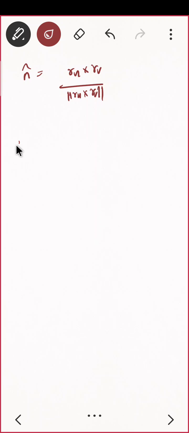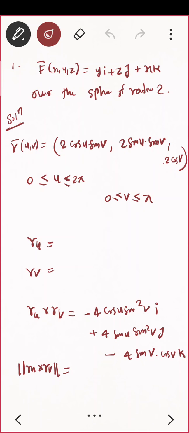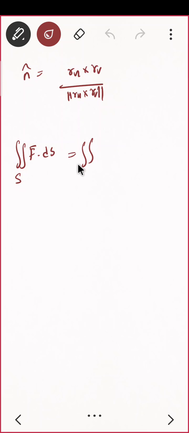and what will be your double integral? F dot n cap ds, that will be the double integral. This was over s and this will be over that D. You can define that. D is equal to having these conditions, u and v having those limits.